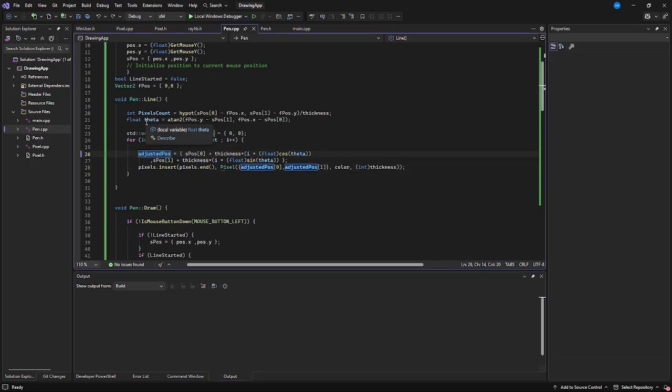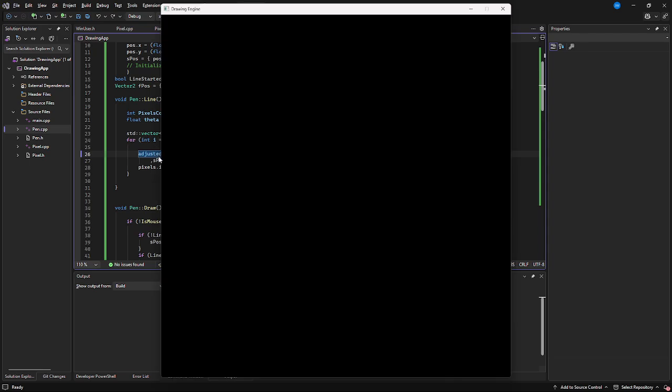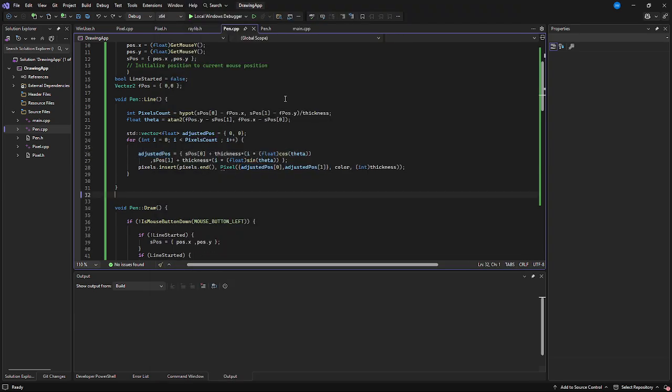So basically, for making a line, I have a line tool so that you can make a straight line, just like any good drawing app would. To make this line function, I decided to start it off with the number of pixels. The pixel count is going to be the hypotenuse of our safe position, which is s-pos.